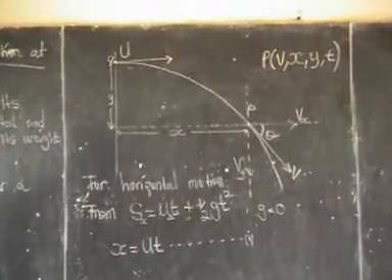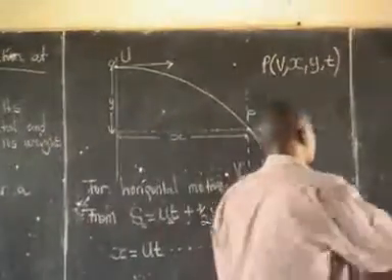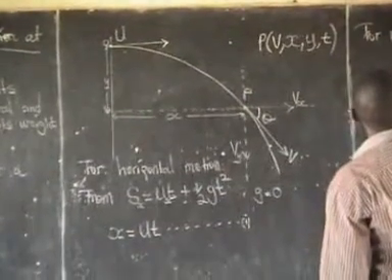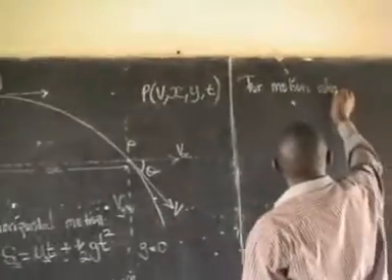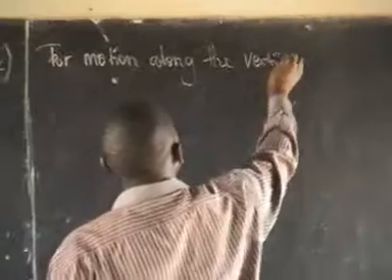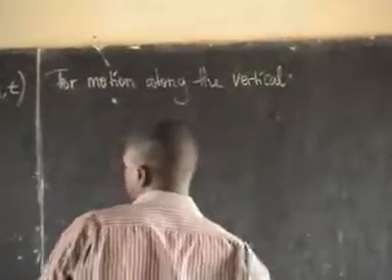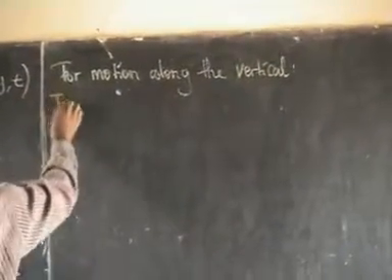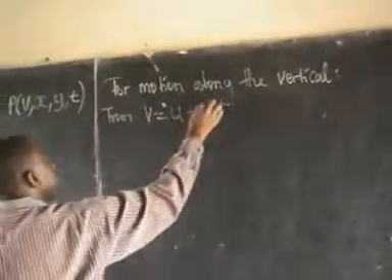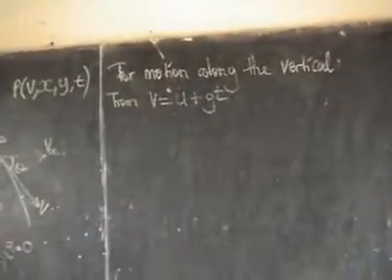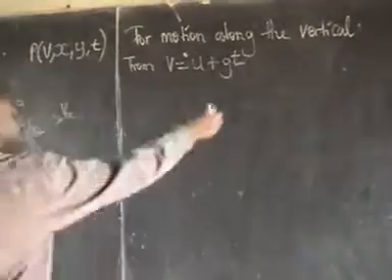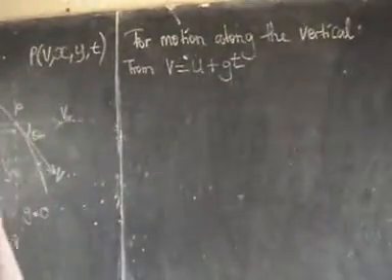Then for motion along the vertical, from v = u + at, when we put a as g, that's the equation which we shall get.